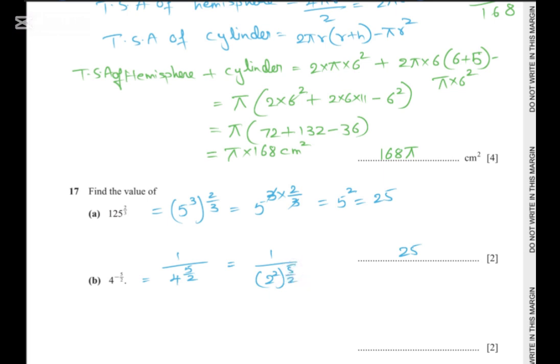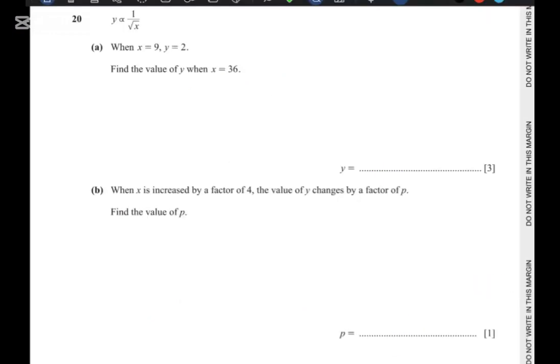Again this is a raised to m whole raised to n: 1 by 2 raised to 2 into 5 by 2. The 2 gets cancelled, you get 1 by 2 raised to 5, which is 1 by 32, because 2 into 2 into 2 into 2 into 2 is 32. If you don't know how to do it directly, you can write like this and find out. Then the answer is 1 by 32.